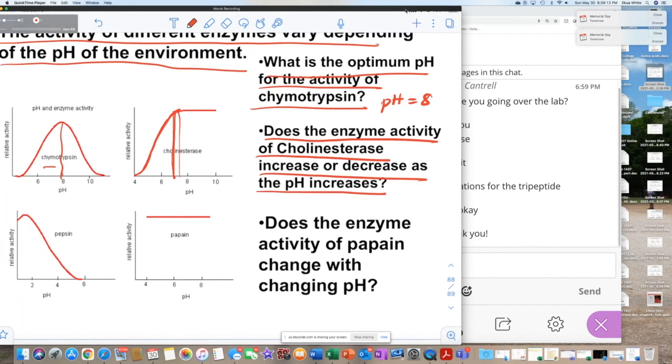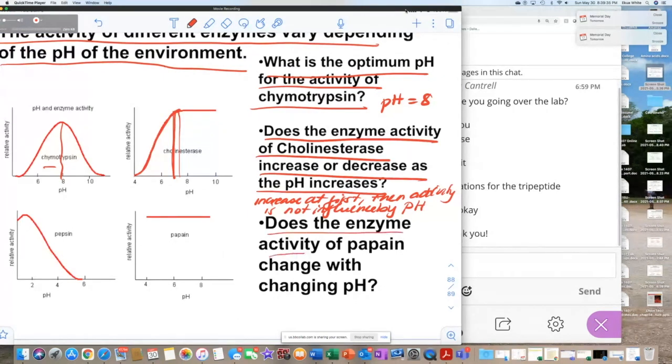So for this one, it increases at first, then activity is not influenced by pH. Yeah, first it increases and at some point it just stops being influenced by pH.